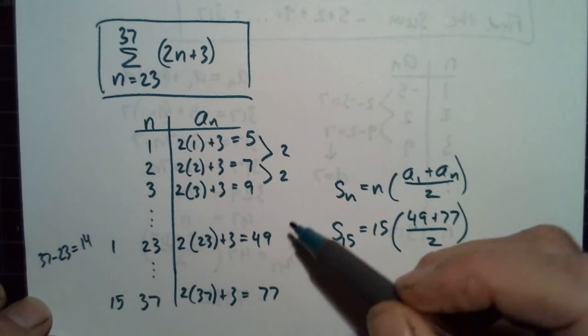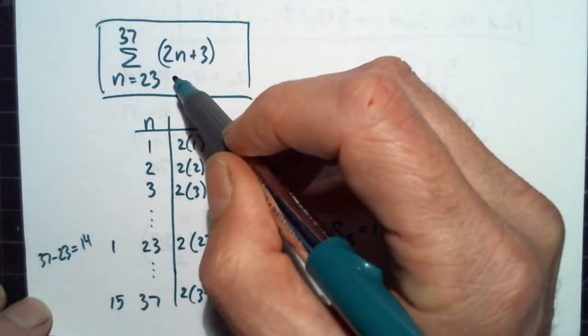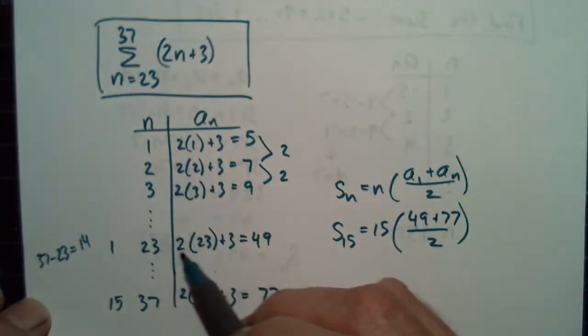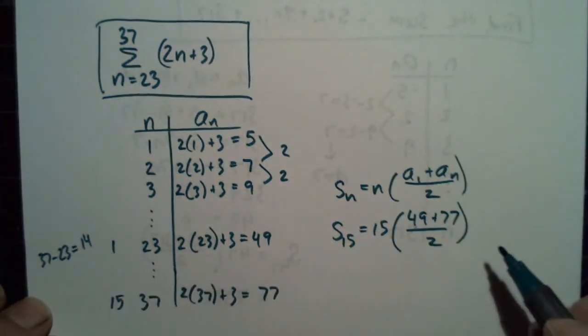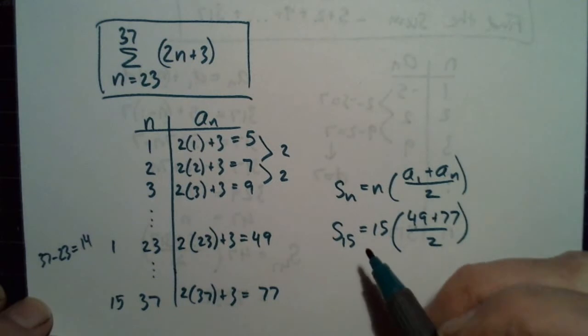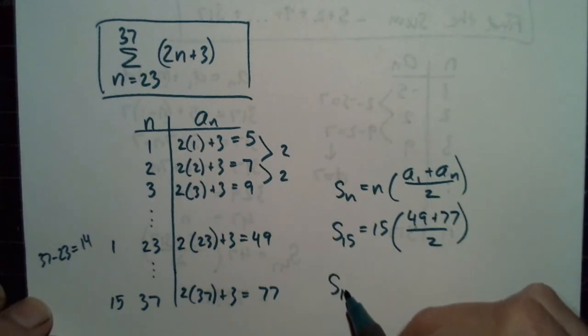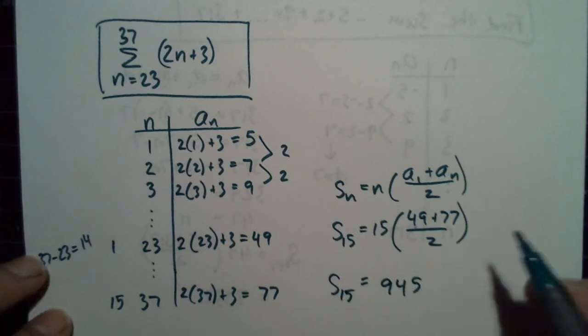So when we see this notation, we have to think of the sequence starts at 23. So that's where it's starting. That'll be the 1, and then we have 15 terms. And that's 945.